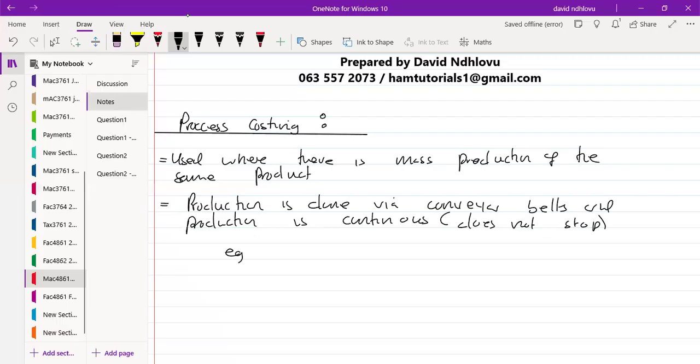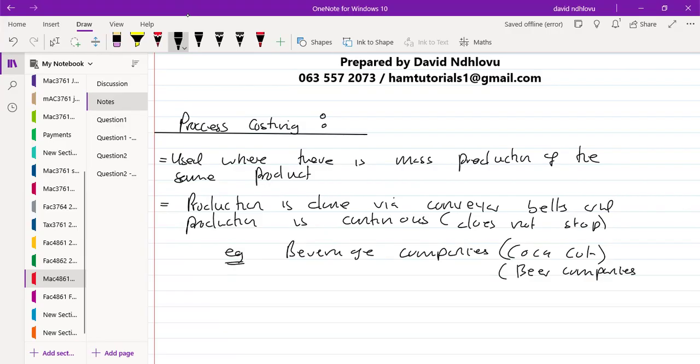For example, beverage companies, a good example is beverage companies like Coca-Cola, beer companies, energy drink companies, like your Red Bull.